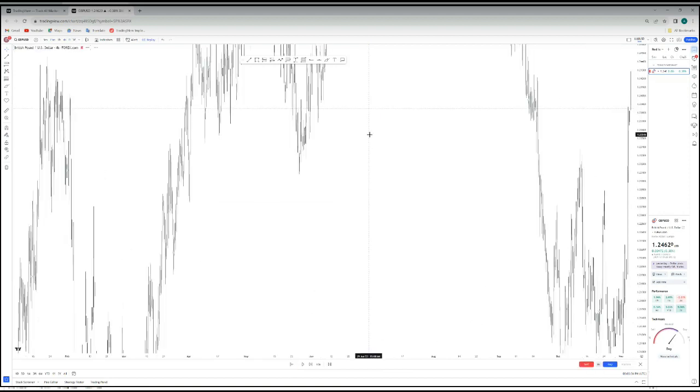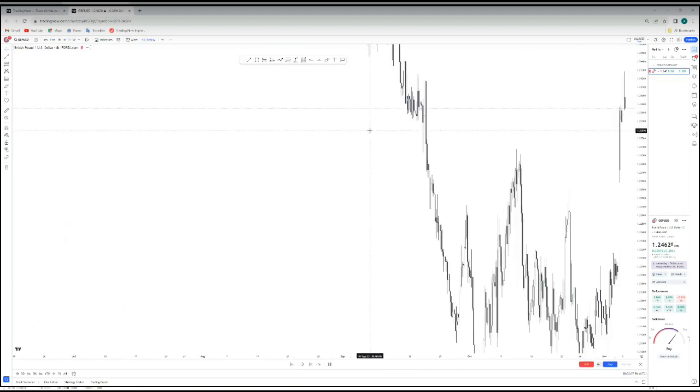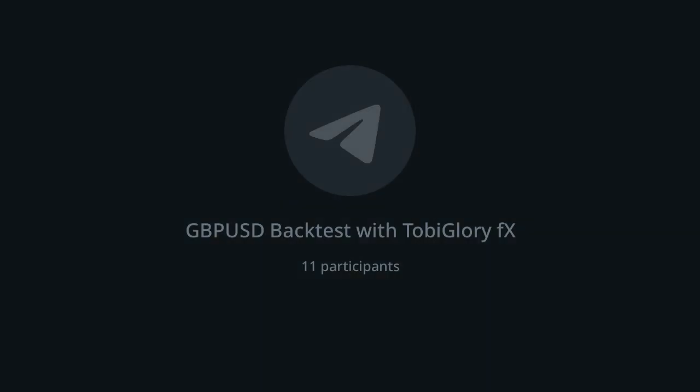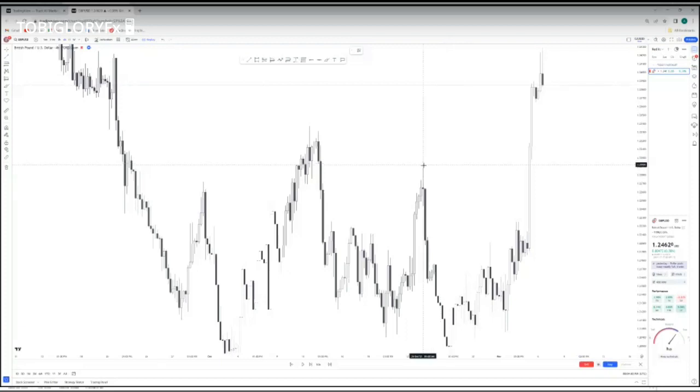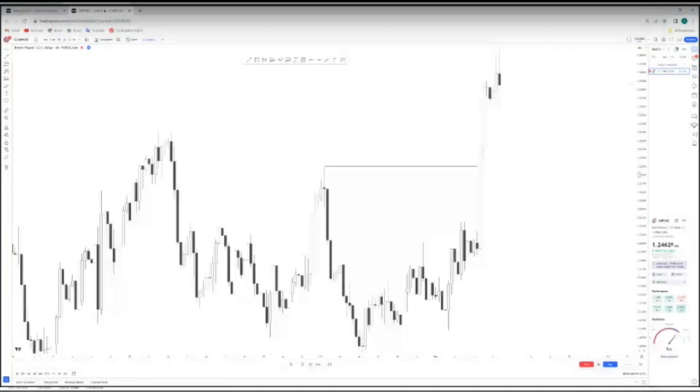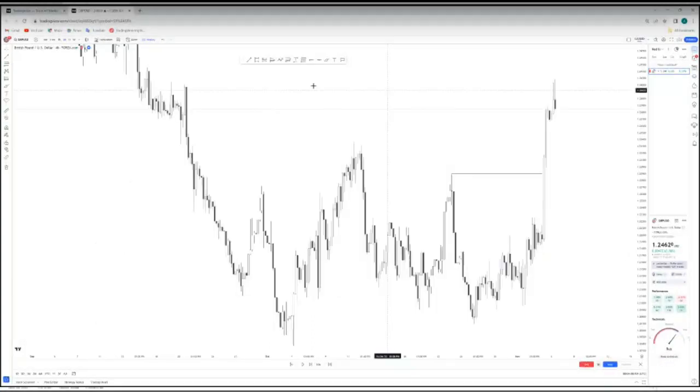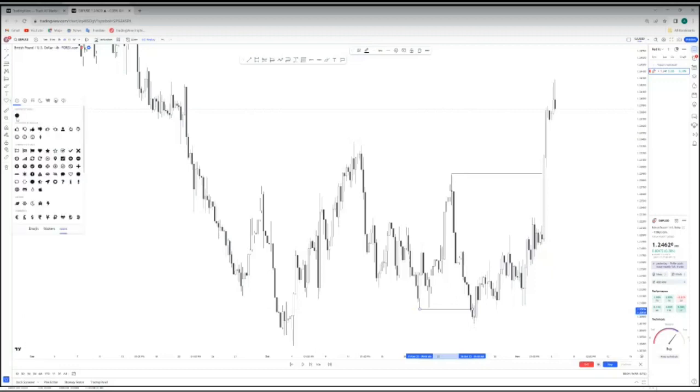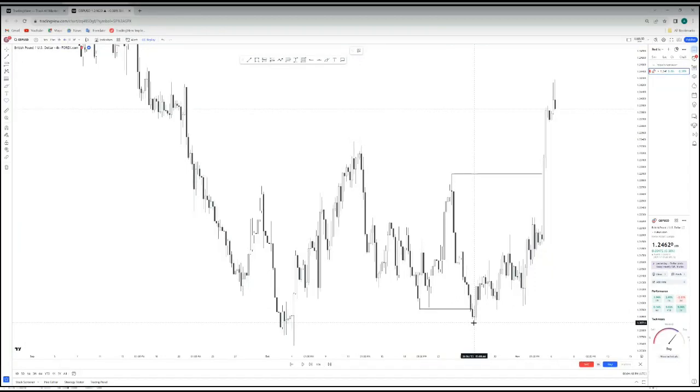On higher time frame or 4 hours time frame, we have a break of market structure, which is this. We have this break of market structure, and we have a swing low, which is this. So we have the sweep from this low. We don't have our swing high yet.